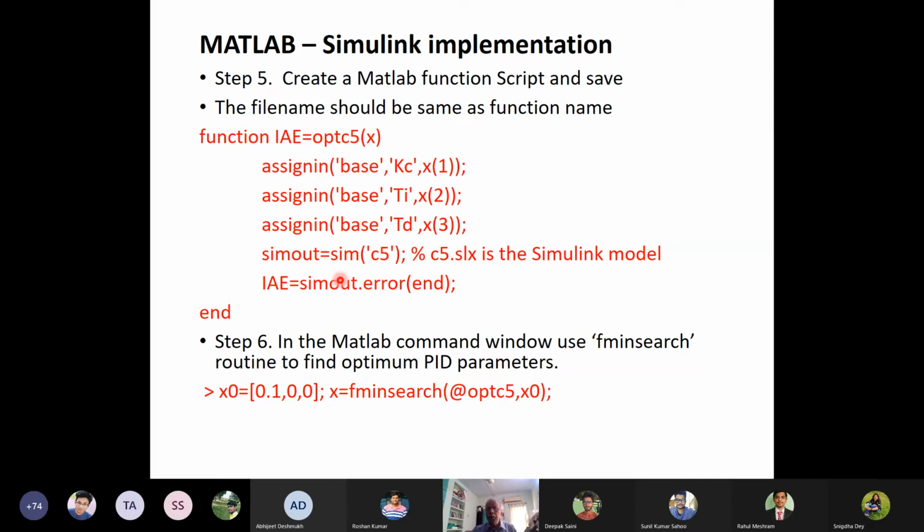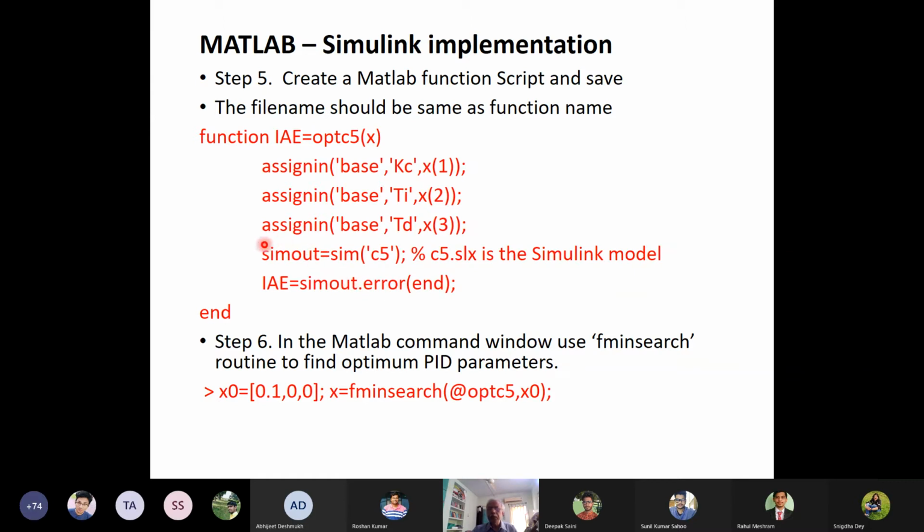So I take the SIMOUT.error, and this error is a cumulative variable, so normally I take the last value of the error. The end is basically a reference to the last value in the error array.